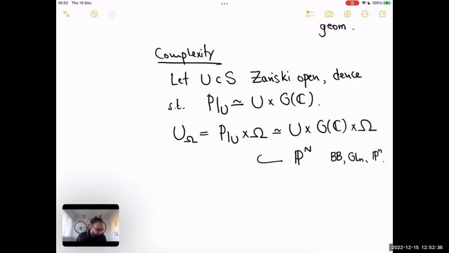And then I can define a complexity of my pi d's. So remember, pi d is locally closed, so it's equal to, say, Y minus Z. Y and Z are Zariski closed.